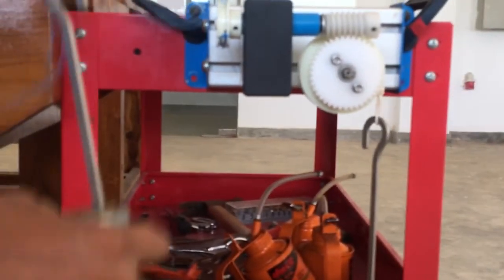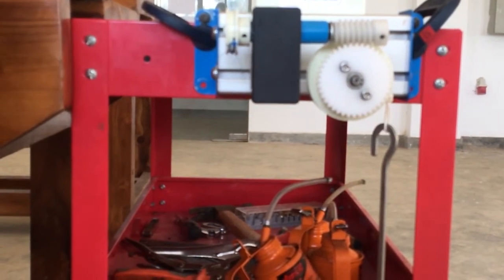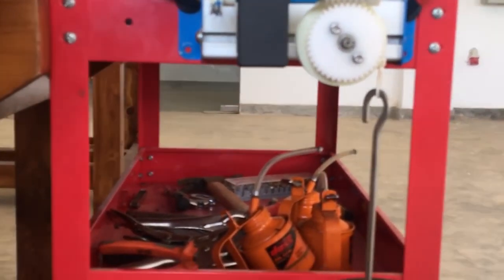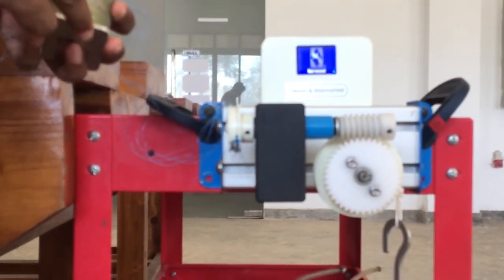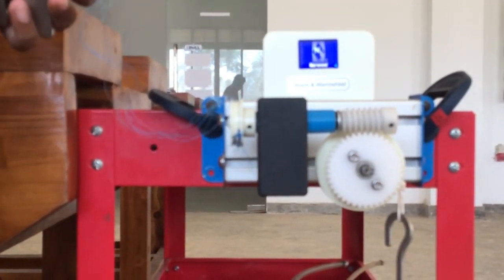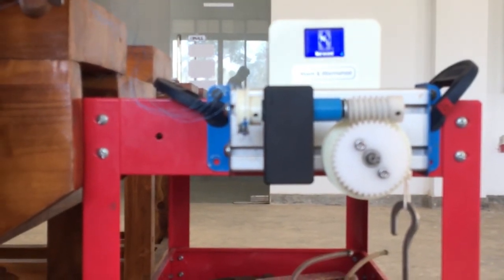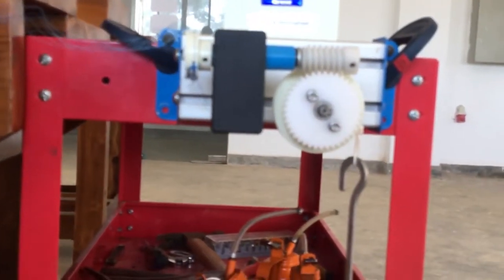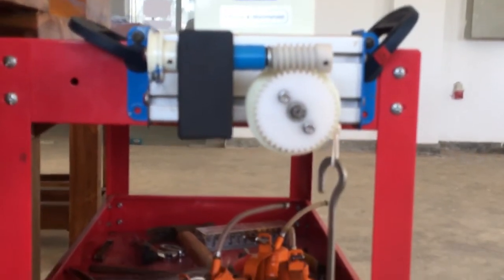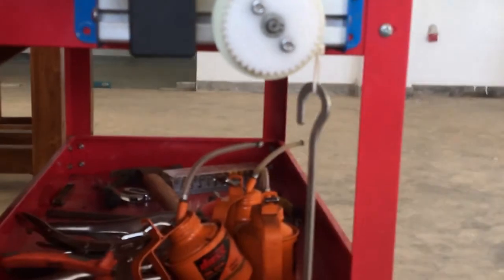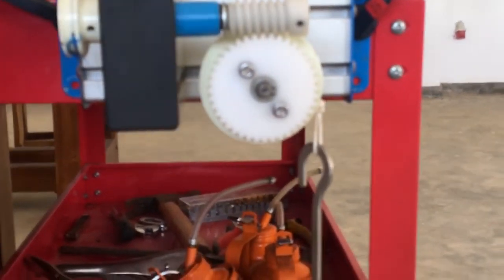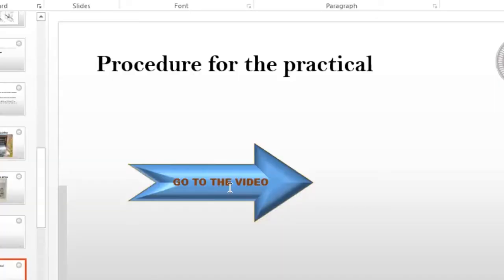So the effort should be in between how much? You see, 2 Newton, 2 Newton, and 2, that is 6 and 7 Newton. But it should be between 7 Newton and 5 Newton. So I take out this 2 Newton because I want to find the minimum effort to just move the load weight. I did the two start worm also, and the single start worm also.